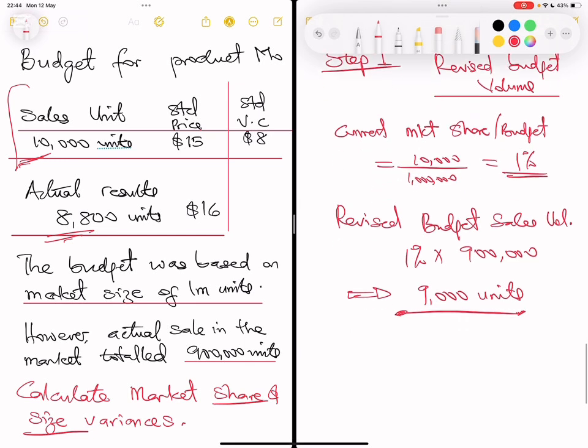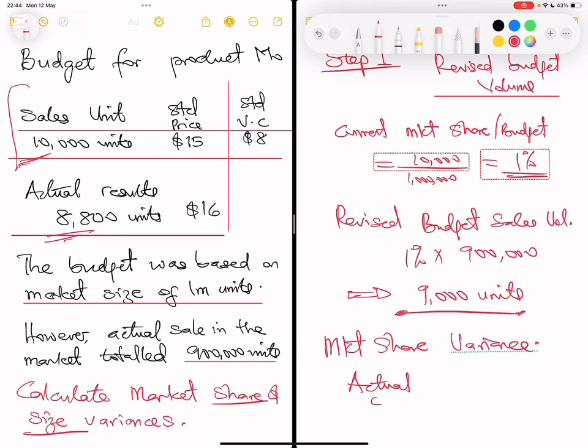So to see what's going on with market share, we look at why we're not selling 9,000. The market share variance will definitely be comparing our actual quantity minus revised quantity.